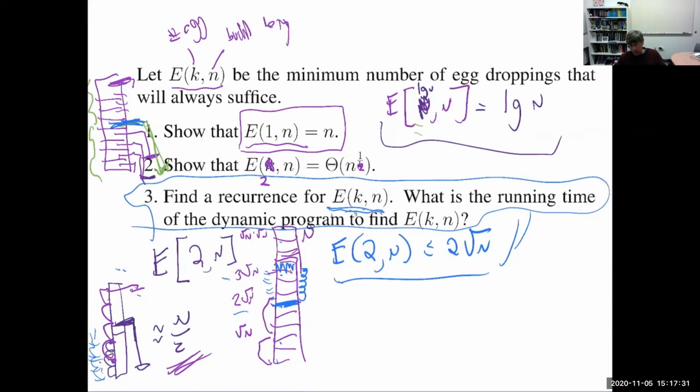Now, doing this divide and conquer thing, I had to be a little bit clever. I had to say I'm breaking it into pieces, right? Now, let's do a dynamic programming version of this. Okay?